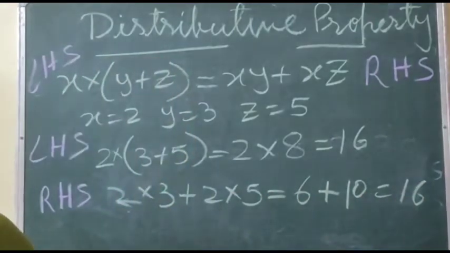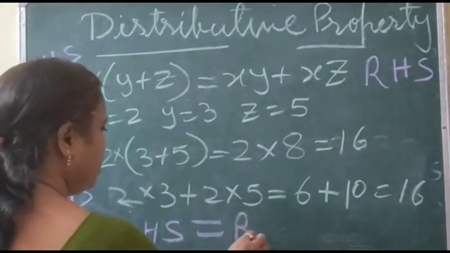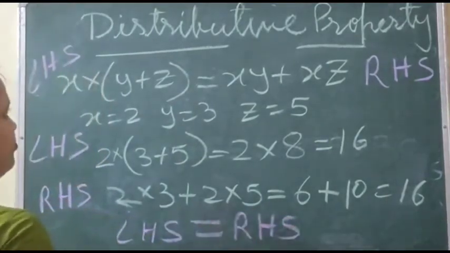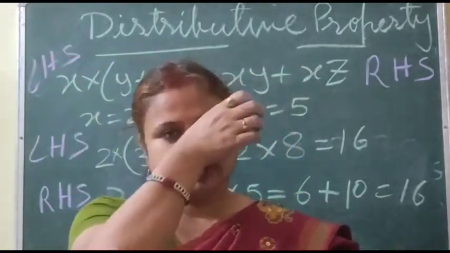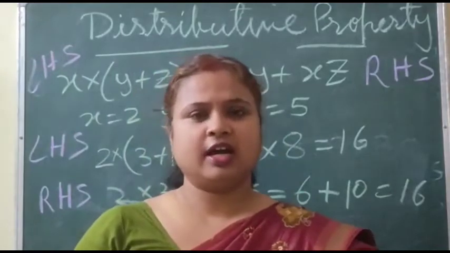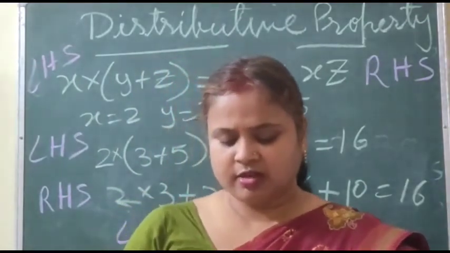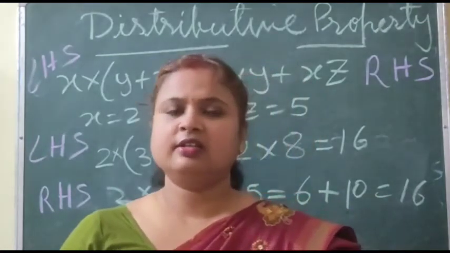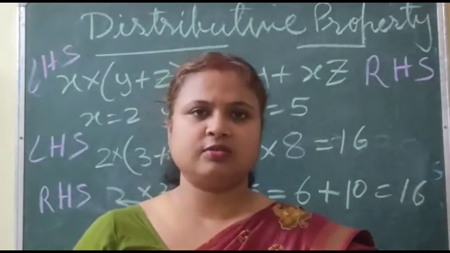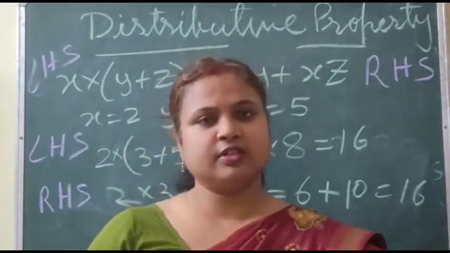So we can say that LHS is equal to the RHS. This is about the distributive property. Now next is the existence of identity. Existence of identity means when 0 is multiplied with any whole number, the answer is 0.